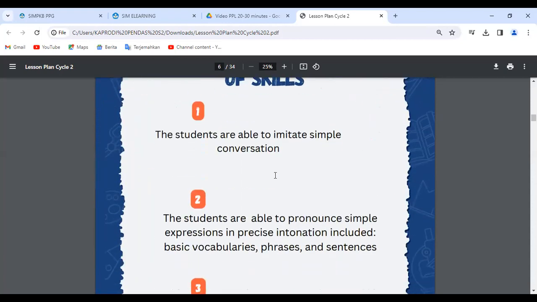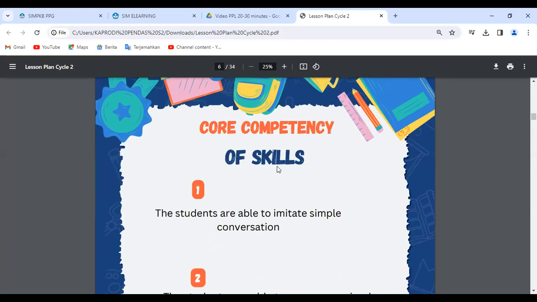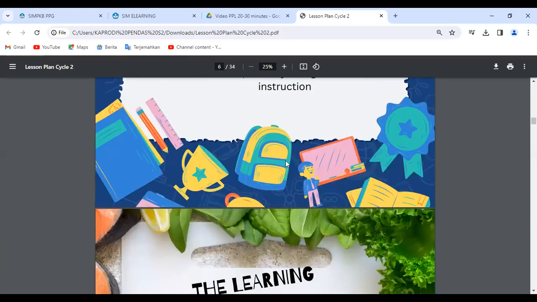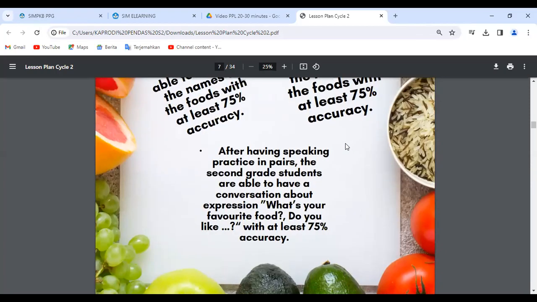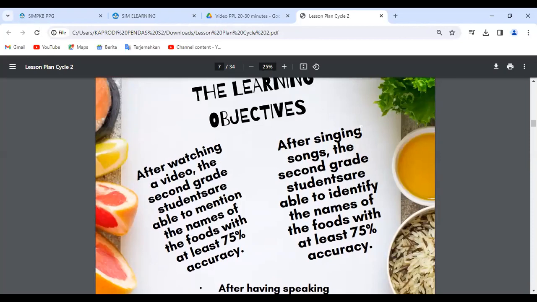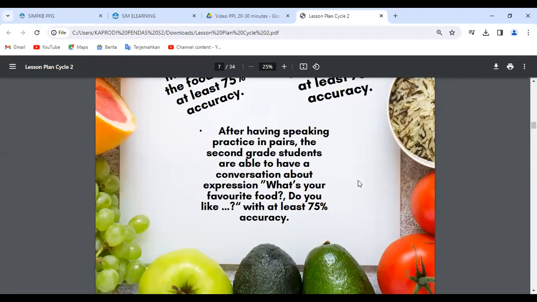Then we can also have a look at the core competency of skills. And then the learning objective: after watching a video, after singing a song. So we can see all of the learning objectives consist of fun activities, watching a video, singing a song.